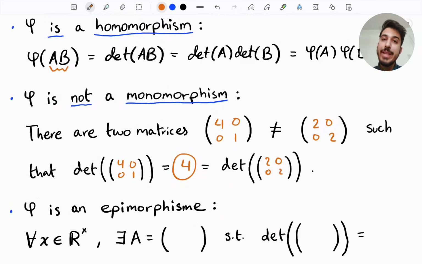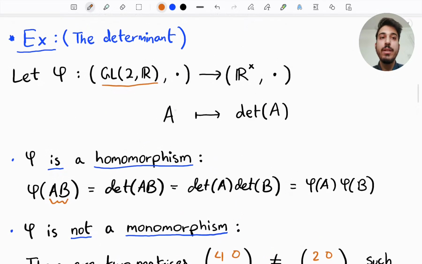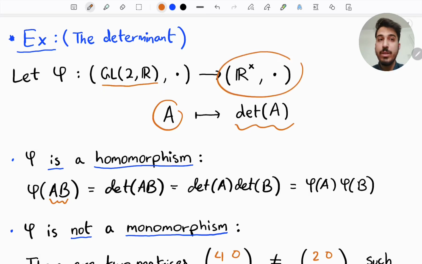Lastly, we will prove that phi is in fact an epimorphism. That means using the elements in the domain, we can reach all the elements in the codomain. All of the elements here are the non-zero real numbers.